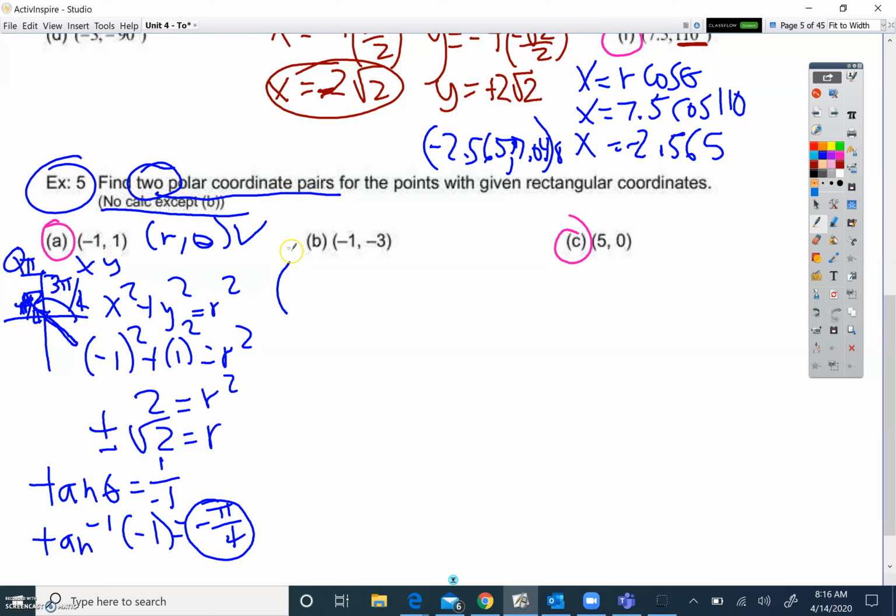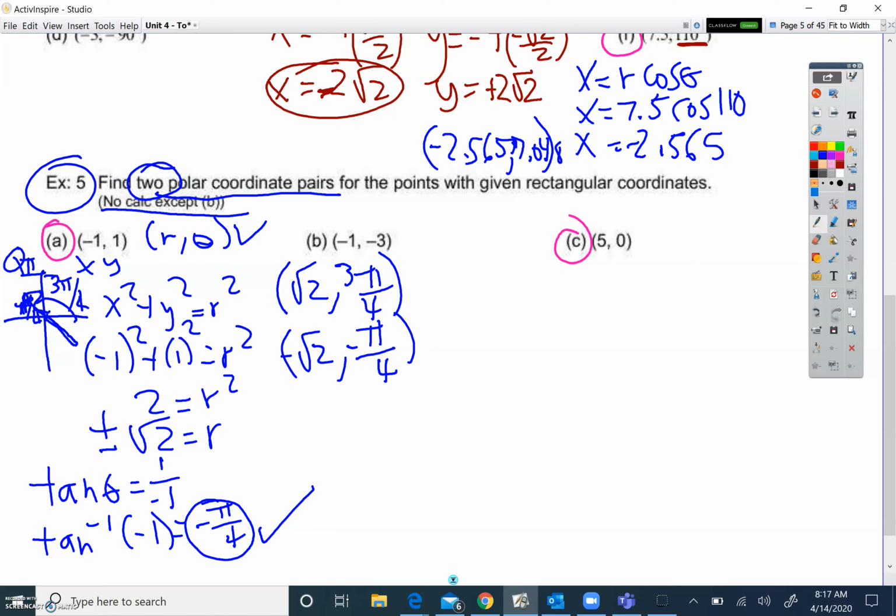One is going to be positive square root of 2, and since this angle 3 pi over 4 is also in the 2nd quadrant, 3 pi over 4 is going to be the matching theta. Another point is going to be negative square root of 2, and from doing our inverse tan, we saw that its matching theta is negative pi over 4.